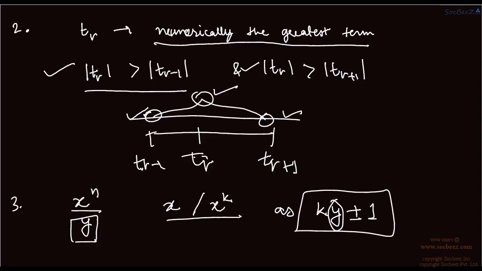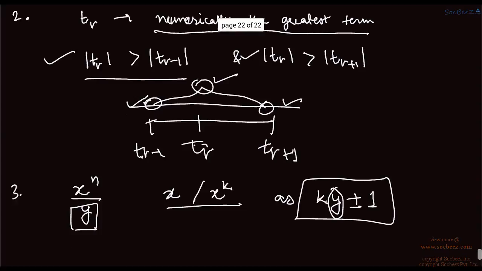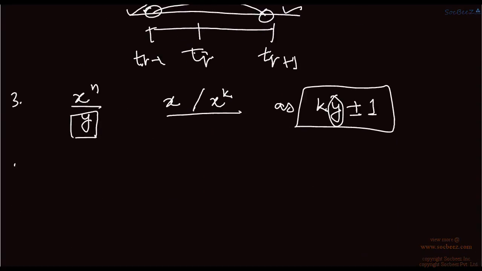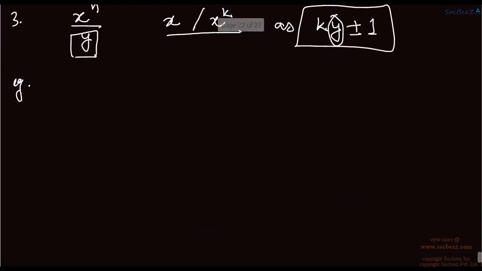and the term which doesn't have it will be your remainder. Okay, so let's take an example, let's say 7 to the power 200 is divided by, let's say, 50. Now we have to find the remainder.